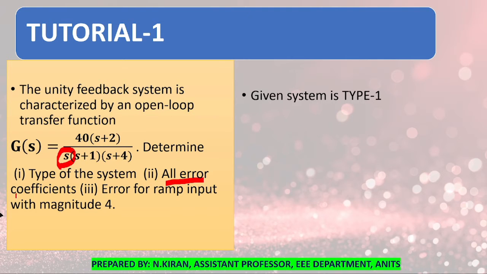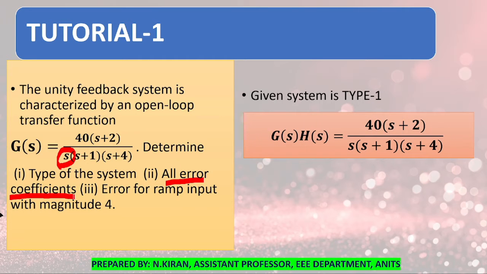All error coefficients, we already defined what the error coefficients Kp, Kv and Ka are. Accordingly, we know the expression of G(s)H(s), where H(s) is 1, as it is indicated that it is a unity feedback system.